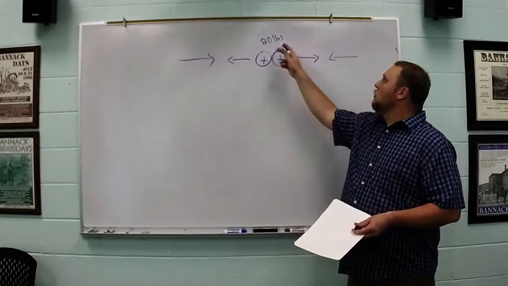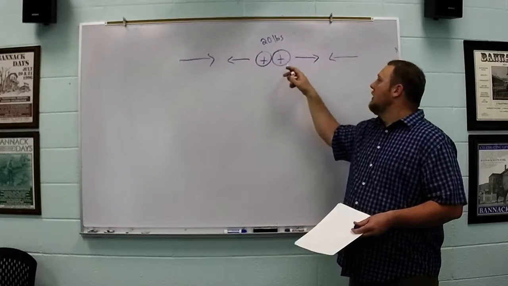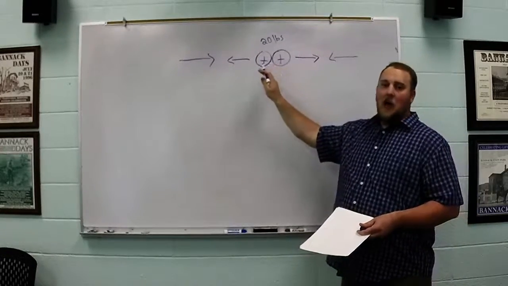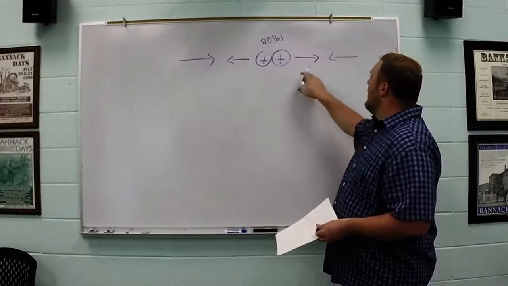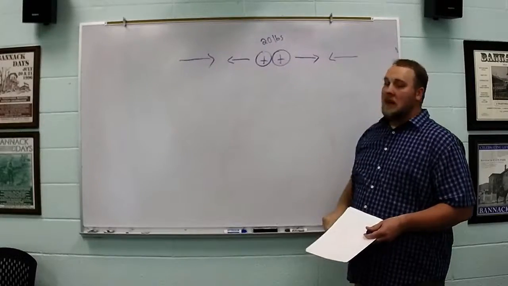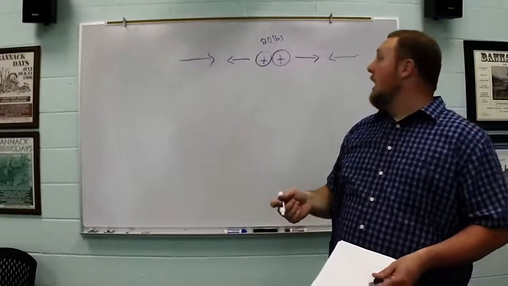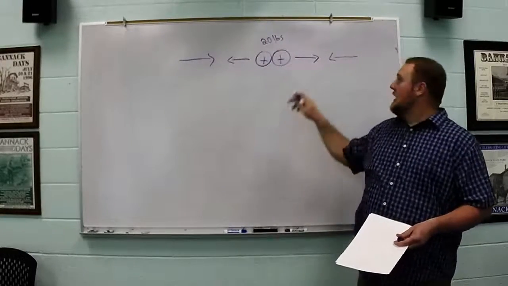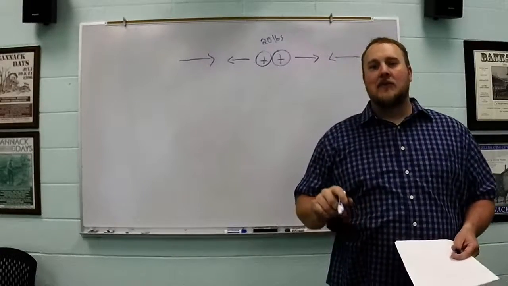But when you think about what 20 pounds would do to something subatomic like these protons, you have to realize that if they were allowed to separate, if there were no forces acting to push them together, they would accelerate away from each other at about 8,000 miles per second. So this 20 pounds of force acting on something so small accelerates these two things at 8,000 miles per second.